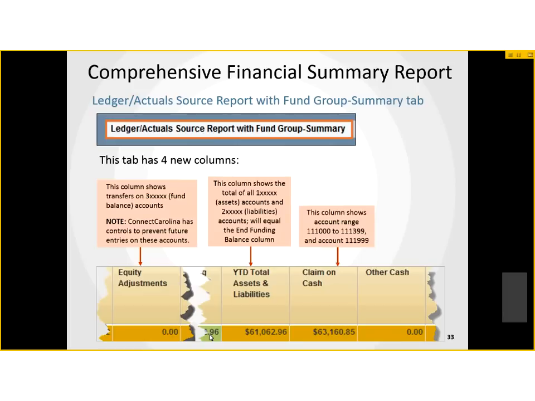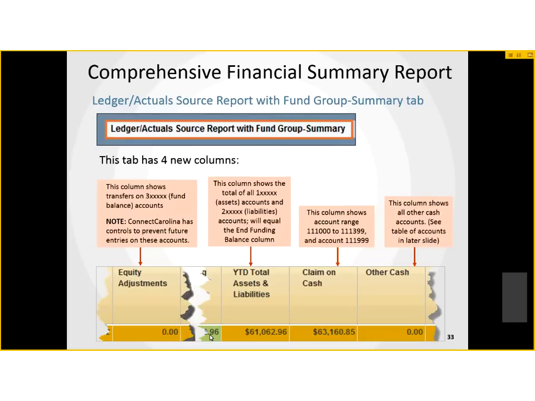The third column that has been added is the claim on cash column. This column has all accounts that are 111,000 through 111,399 and 111,999. So the whole range 111,000 through 399, and then the additional 111,999.